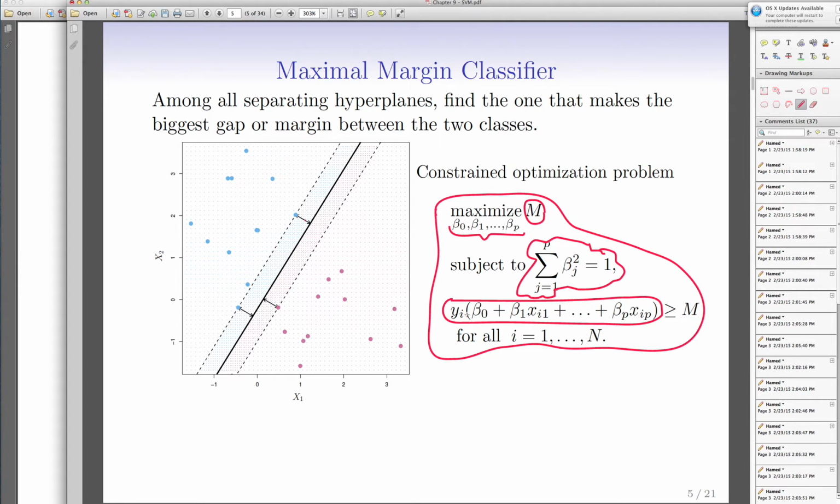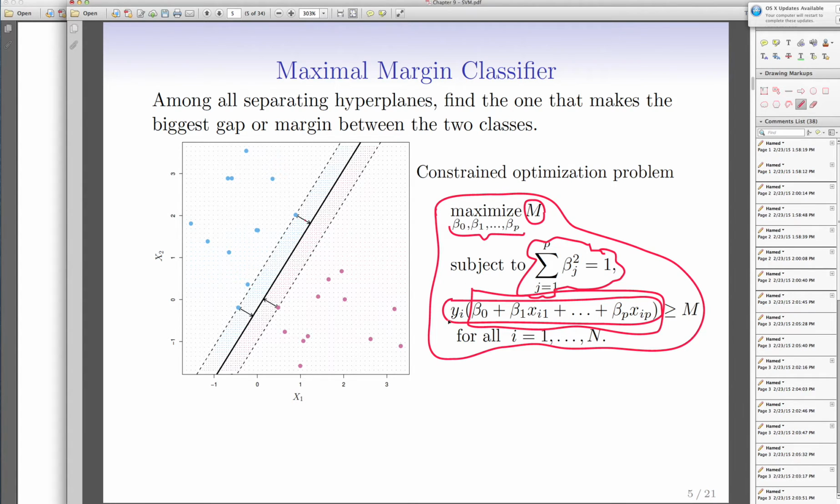And then here is classification. If you set the norm to 1, this beta 0 plus beta 1 times x_i gives you the distance of your observation and, of course, the hyperplane you define, times the classification.